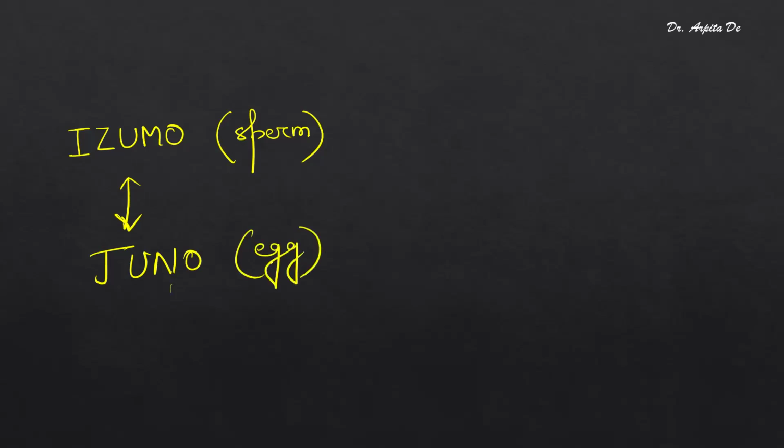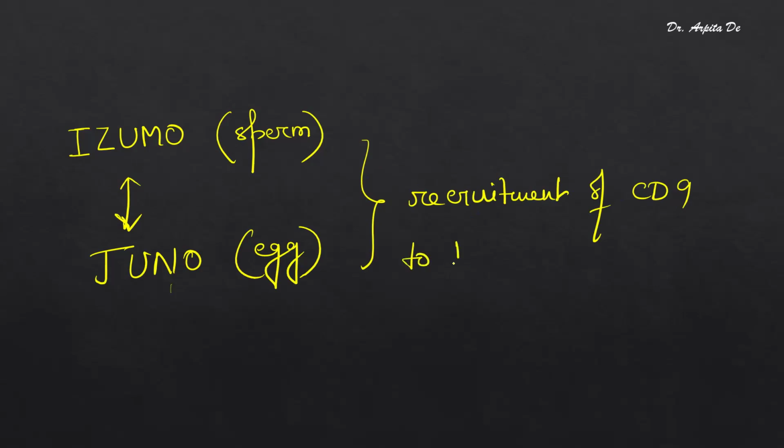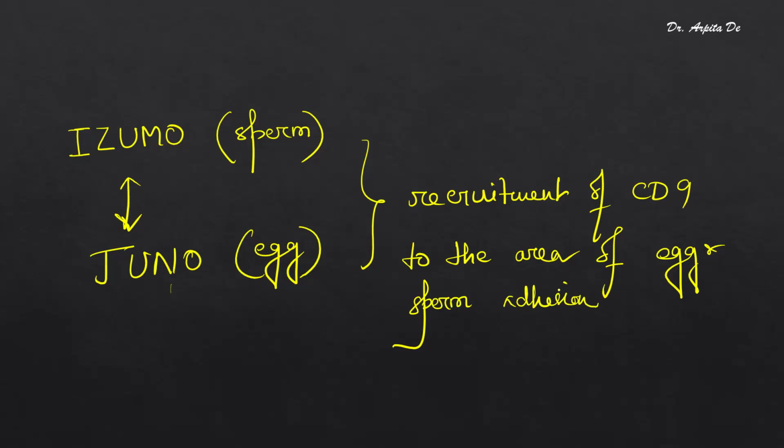Juno of egg microvilli. This will lead to recruitment of CD9 to the area of egg and sperm addition.